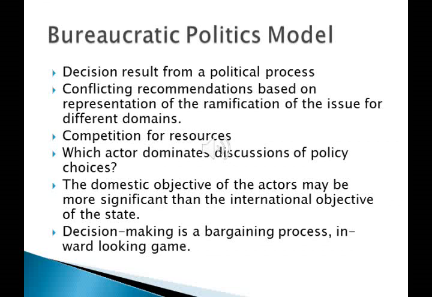Because actors have their own perception and representation of the problem and the ramification for their interest and for their domain. So as I told you in the example, Homeland Security is discussing the ramification of a migration decision from their own perspective and the ramification on the labor or the workers inside the United States.